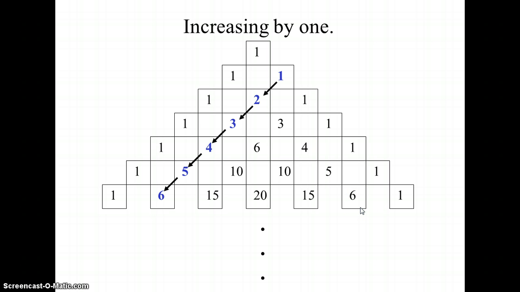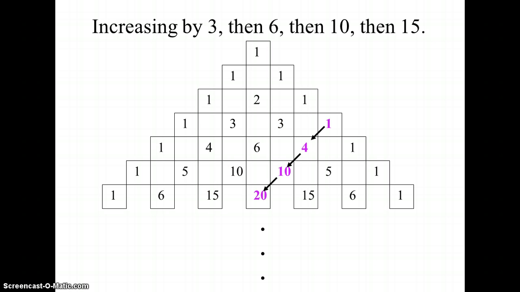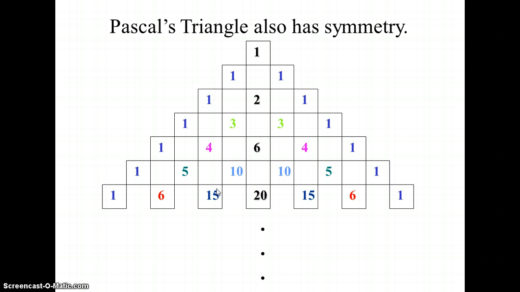If I move down 1 row diagonally, I can increase by 2, then 3, then 4, then 5, because I'm adding 1 plus 2 is 3, 3 plus 3 is 6, 6 plus 4 is 10, 10 plus 5 is 15. Then I can continue with the next row, increasing by 3, then 6, then 10, then 15, and so on.